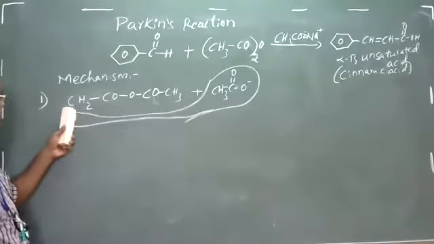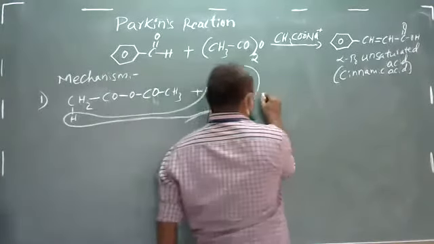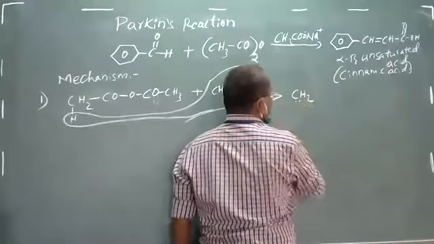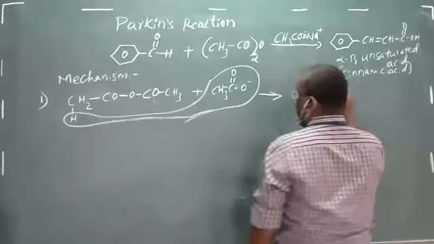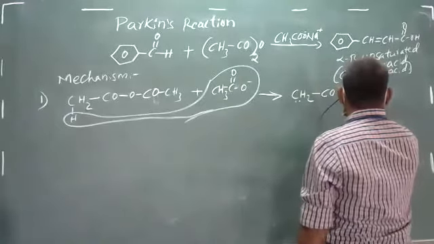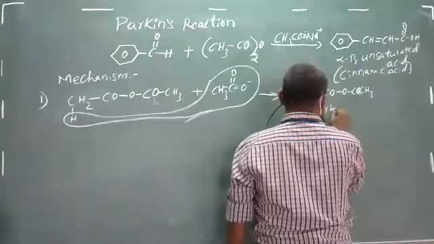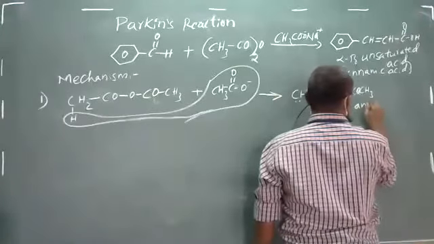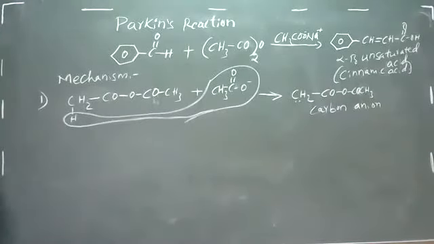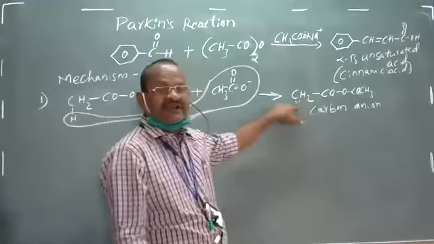So when it abstracts alpha hydrogen, the bond electrons will move towards carbon to form a carbanion. Carbanion is generated, which acts as a nucleophile because that carbon is rich in electrons, having a pair of electrons with it, and it is basic in nature and highly reactive.